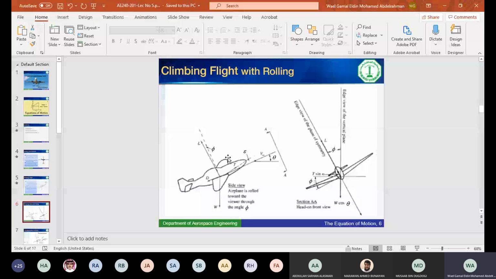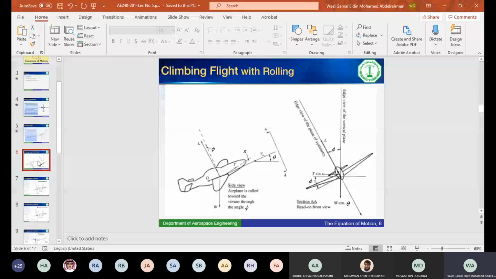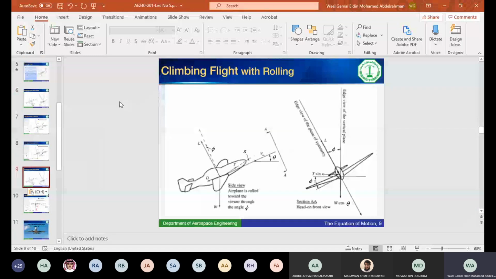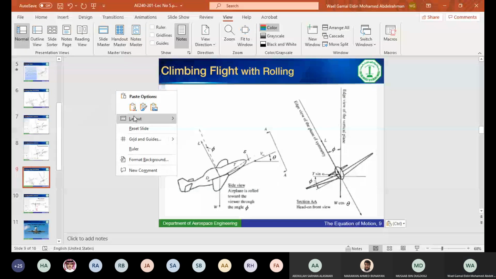But it's going to be smaller. Let's take this one. I can make it smaller so that you can see two of them, but it's not going to help. Let me see.